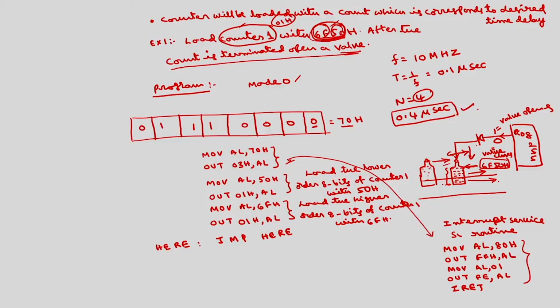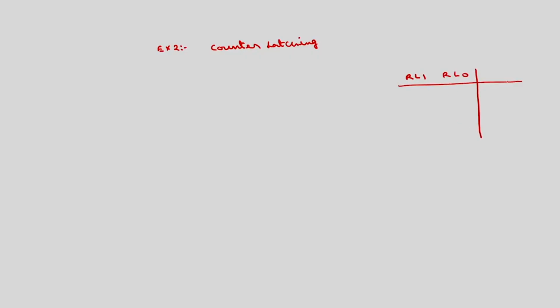In mode 0 itself I will take another example, where the counter latch comes in. This is the example where I will discuss counter latch. We have discussed this RL1 and RL0 of the control register. There we have explained that 00 corresponds to counter latch.